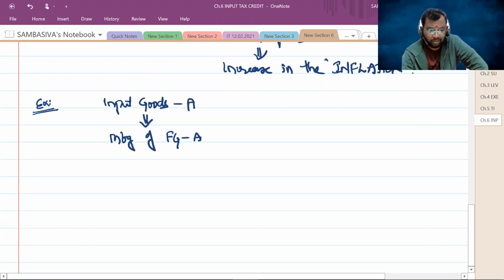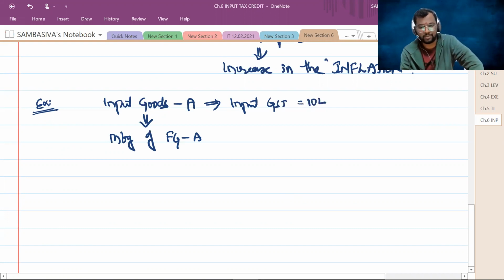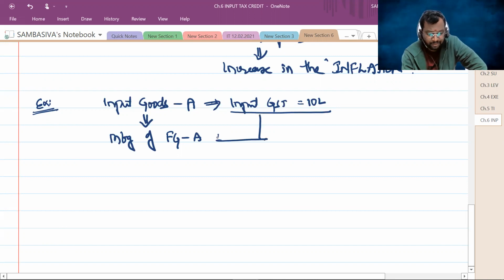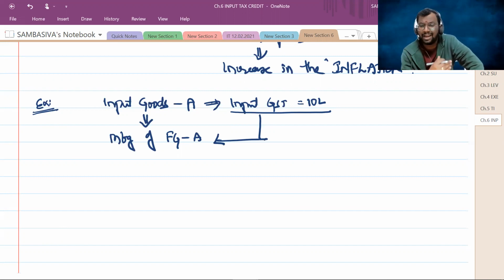Right, sir. Now, at the time of purchasing of this input goods A, we have paid input GST of rupees 10 lakhs. Now, this input GST of rupees 10 lakhs can be utilized for the payment of output tax of finished goods A. Also, you can utilize it for the payment of any other output tax liability of yours.